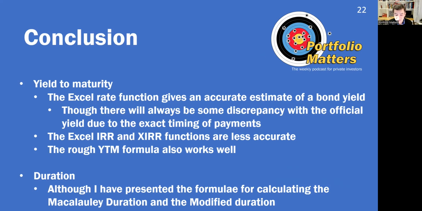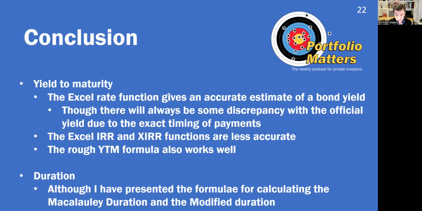But the rough yield to maturity formula that we presented earlier works just as well and does not require putting in all the individual coupon payments into Excel. And finally, duration. Well, all you need to know about duration is the higher the duration, the higher the price sensitivity of the bond to changes in interest rates.